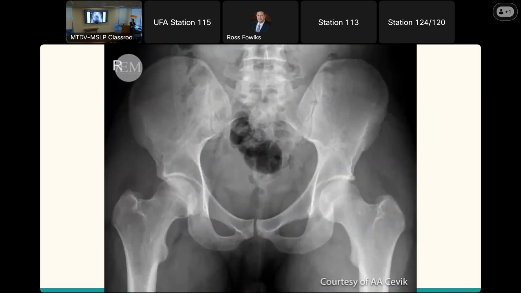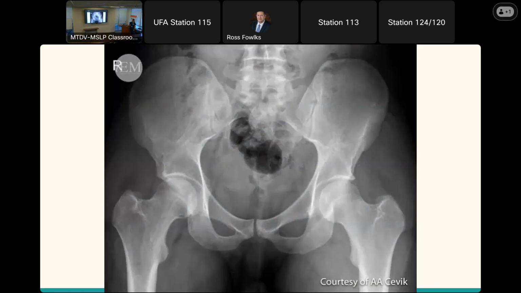But this is a pelvis X-ray, and what do you think about that? I don't see anything wrong with it. It's actually a normal X-ray. He has some air in his sigmoid colon going down to his rectum, but other than that, nothing.